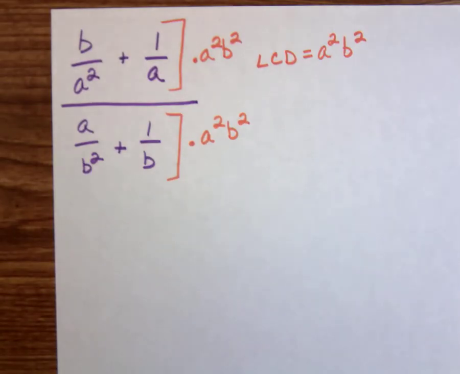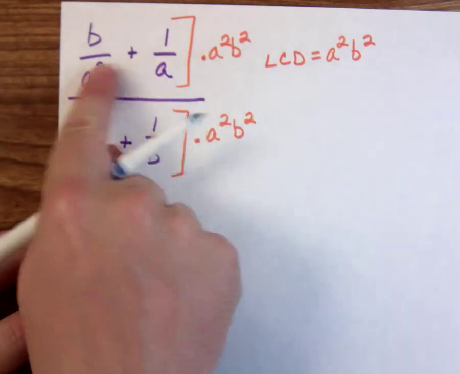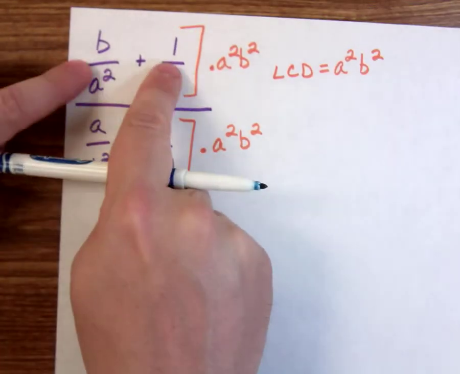Okay. Now when I multiply the top by A squared, B squared, both of these get multiplied by it.